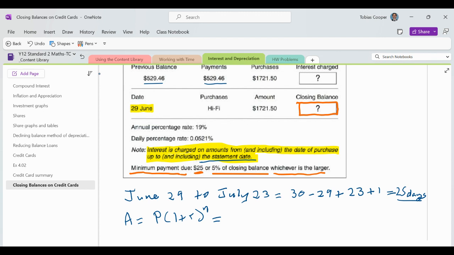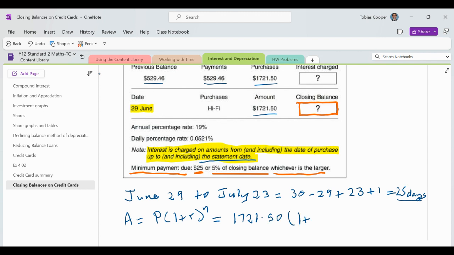So that means we paid off the previous balance. But then we made purchases of $1721.50. So at the moment, the amount we owe on the card is the $1721.50, but also we need to pay interest on that. Okay, so the principal for this will be $1721.50.